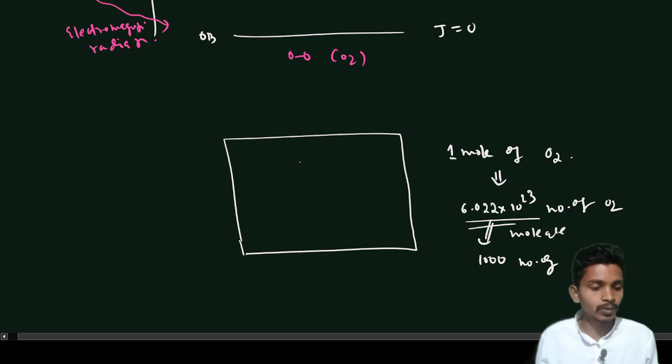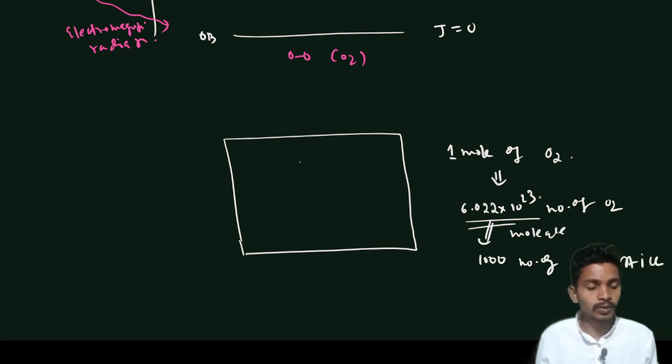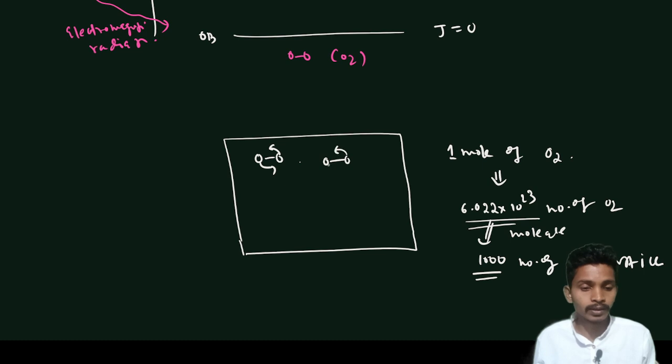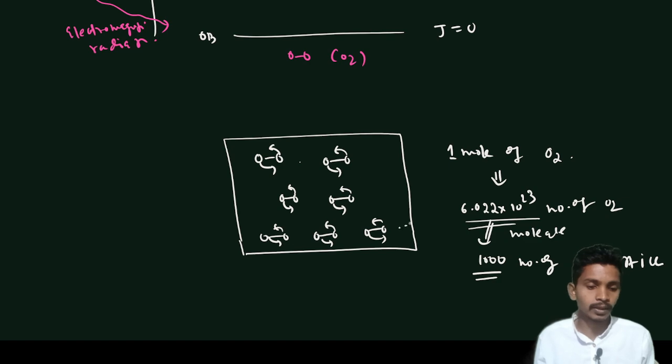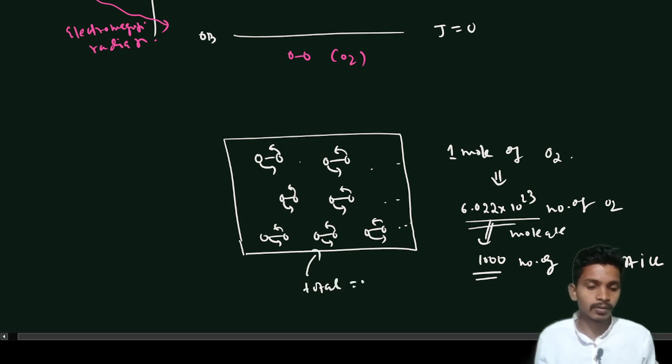So that amount of O2 particles, 1000 O2 particles, are rotating like this.